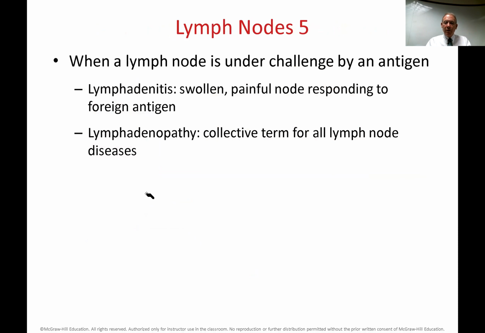When your lymph nodes enlarge, it stretches the capsule that surrounds it. Just like when you have a blister on your finger and it's getting bigger and bigger, it's stretching the skin and it hurts more and more. That's what happens when lymph nodes enlarge, lymphadenitis, and it stretches the capsule.